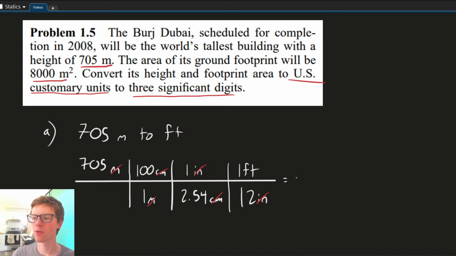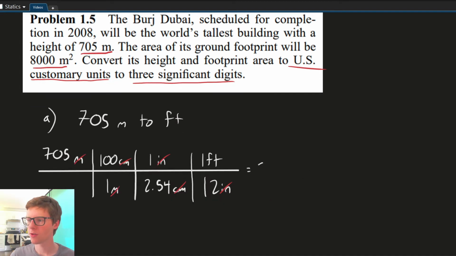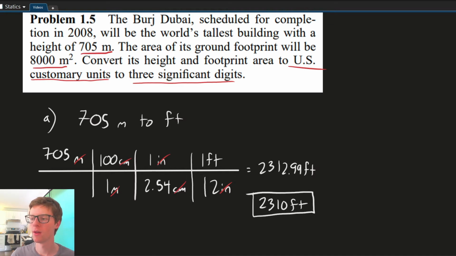And the result is going to be 2,312.99 feet. Now, if you put this, it would be wrong because it only wants us to have 3 sig figs. So our final answer is actually going to be 2,310 feet for part A.